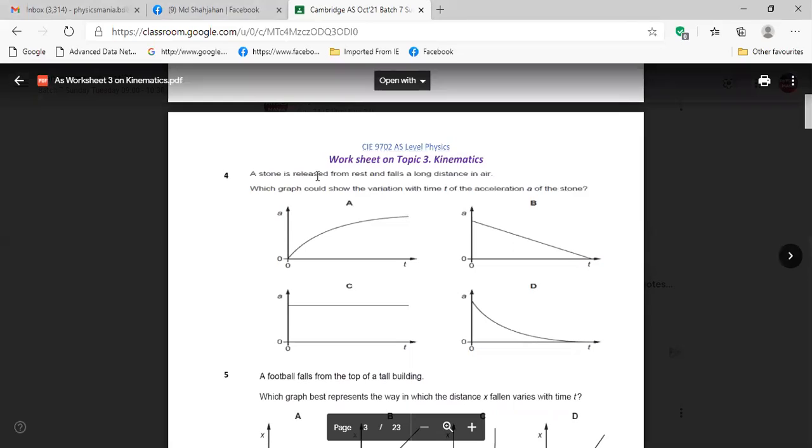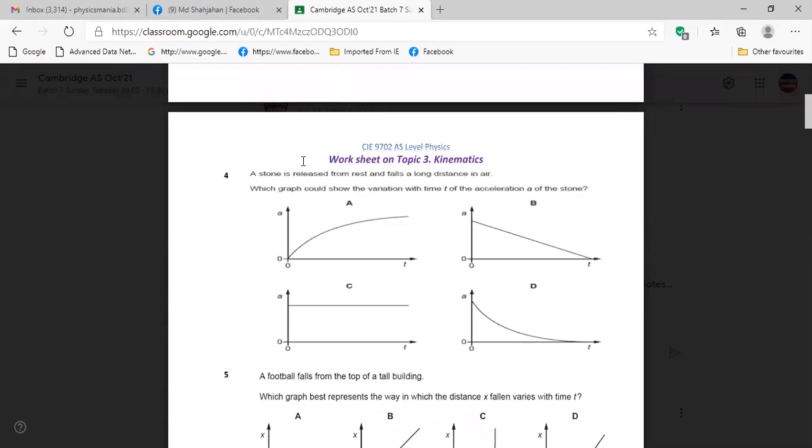In your notes it is there. We gave three graphs, one after another, for displacement time, velocity time, and acceleration time, with air resistance and without air resistance. It's already there in your notes, right?